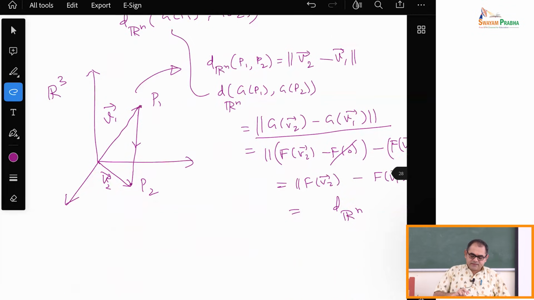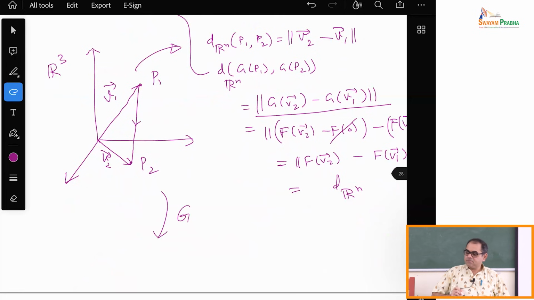So you see, what is happening is that there is this map G. What is it going to do?